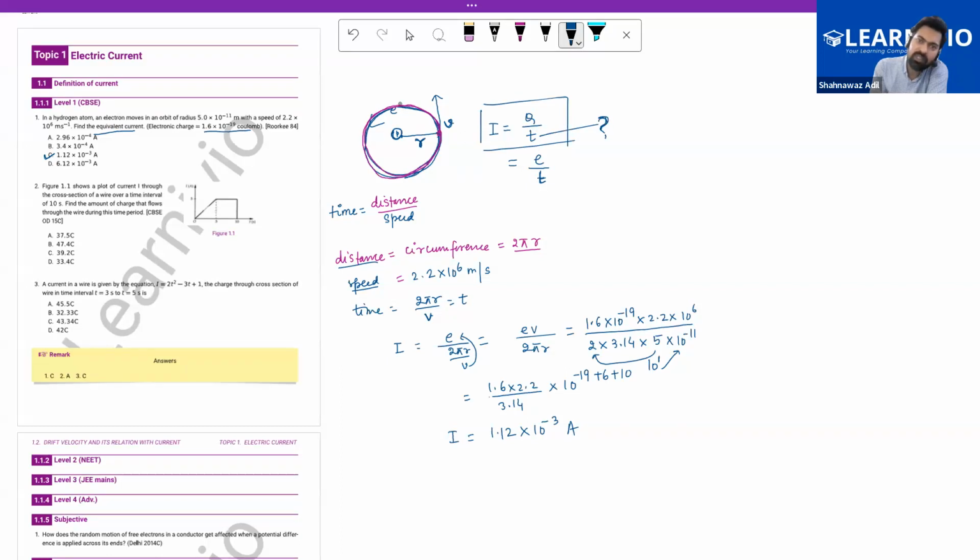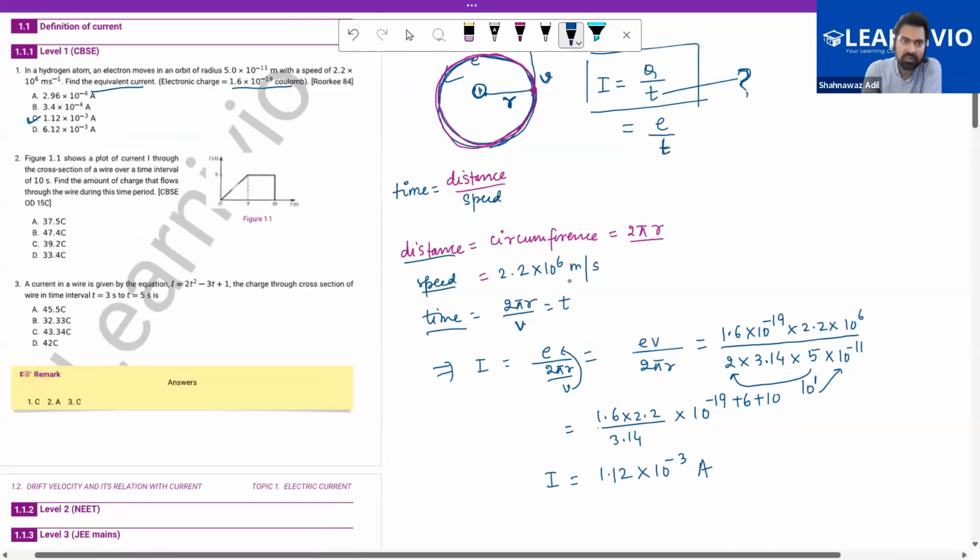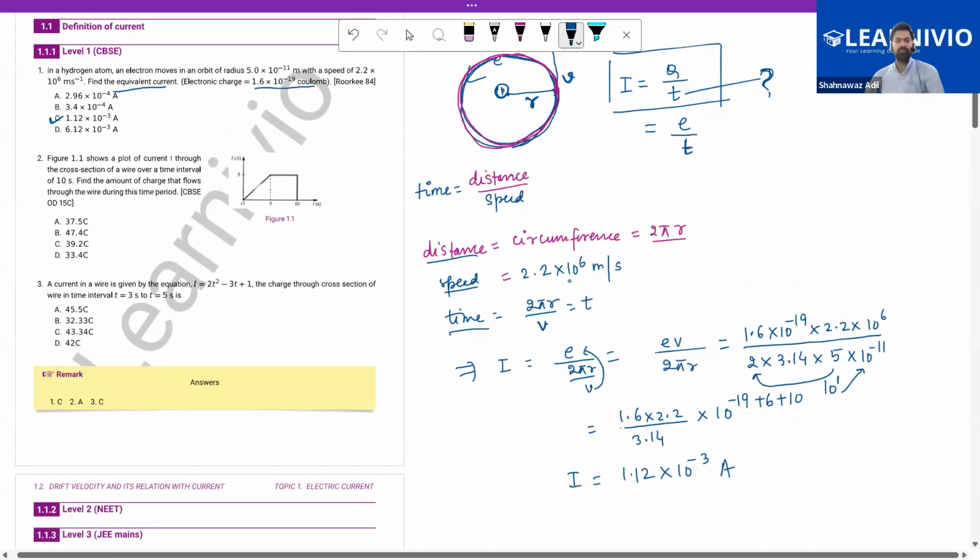So we knew the distance and we knew the speed. So from speed and distance, we calculated the time and then we put this time in here so that we get the current. So please note it down, and then we will do the next question. Please note this thing down.